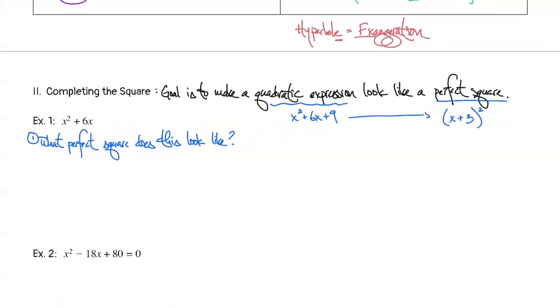So what perfect square does x squared plus 6x look like, or look close to? I'll give you a hint, it's already on the screen.